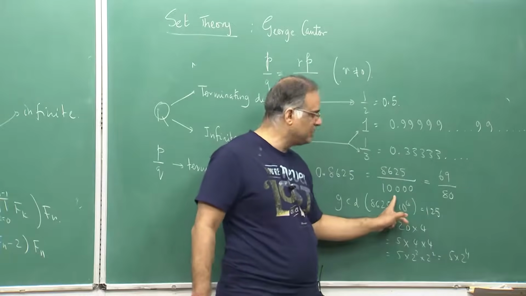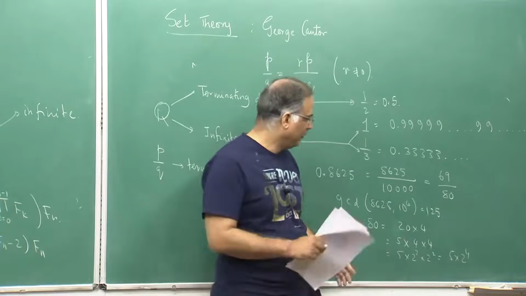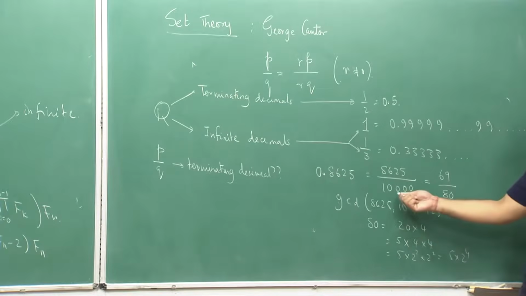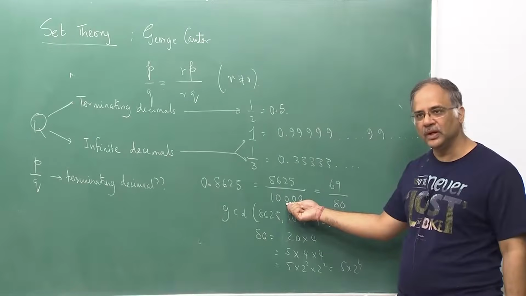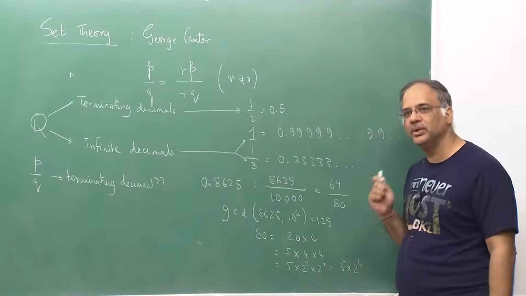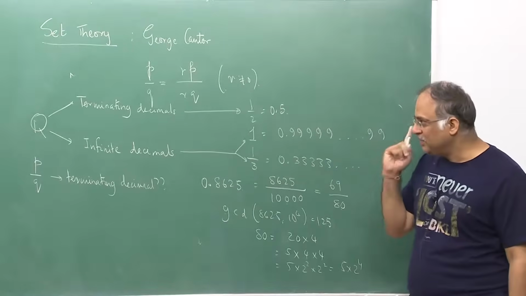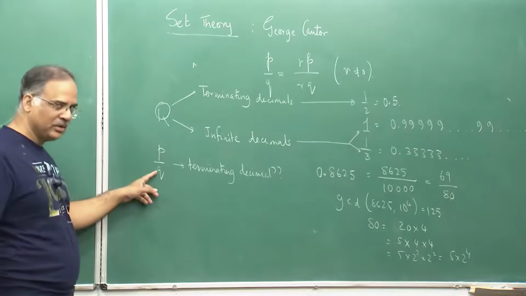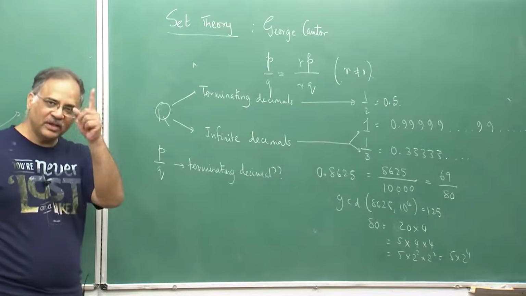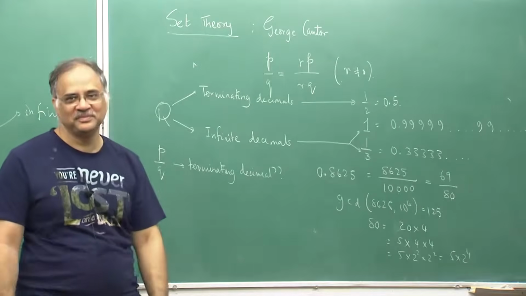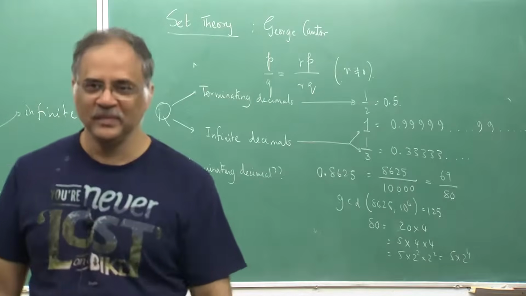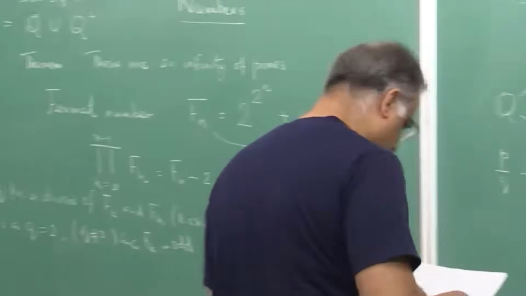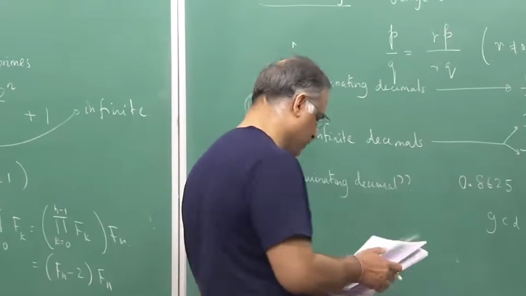You have observed that because 10 is equal to 2 into 5, the only prime factors of this number are 2 and 5, and so the only prime factors of this number will also be 2 and 5. So, a decimal can be a terminating decimal if you have a rational number and Q's only prime factors are 2 and 5. You will always get a terminating decimal, and that is the correct fact, and this can actually be proved, which we will not state here, which you can look into later on.